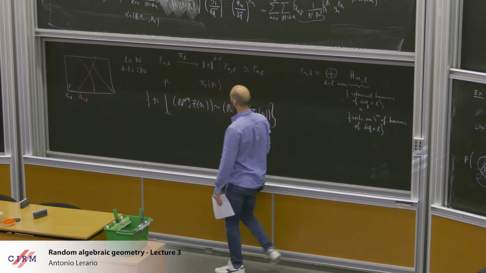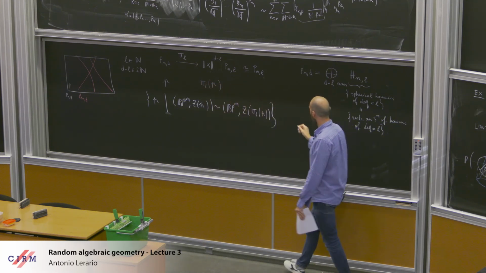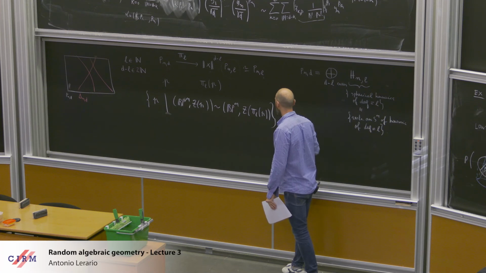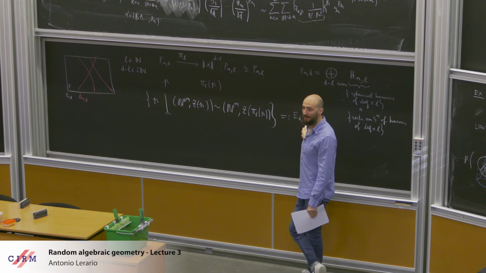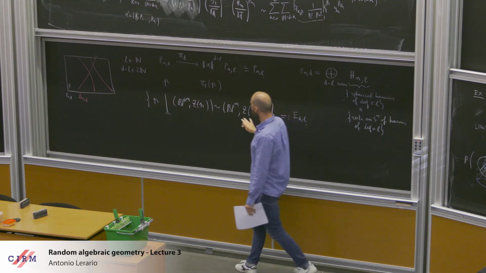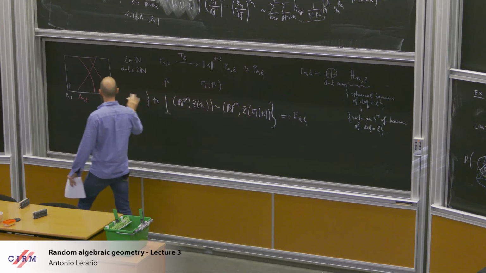Let me consider this set. I baptize it E, D, because we are in degree D, and L, because it depends on the degree I am pretending to approximate. So it's some subset in this, and it involves some chambers, of course.